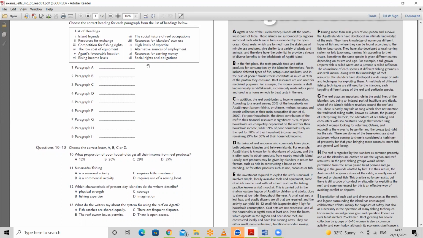I know one thing for sure, that usually the message or the topic sentence is either at the beginning of the paragraph or at the bottom of it. But that doesn't mean I don't have to read the whole paragraph. I must read the whole paragraph, but very quickly.